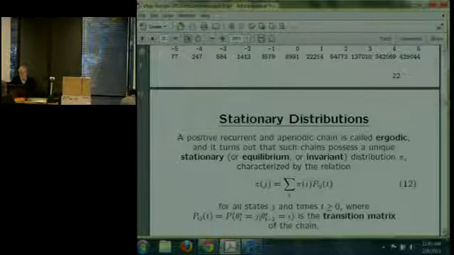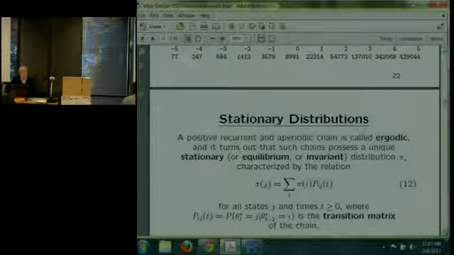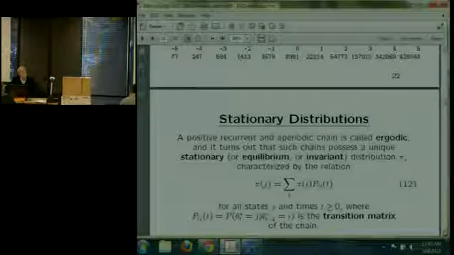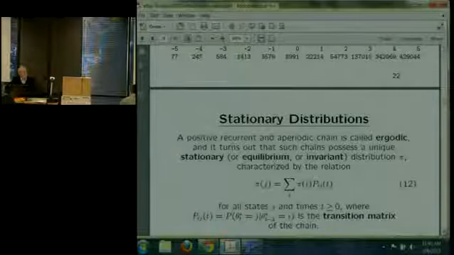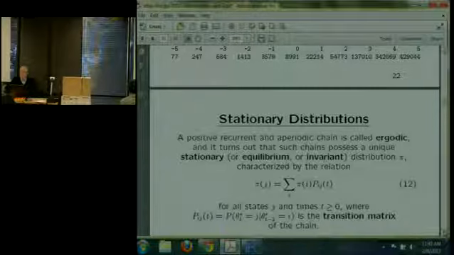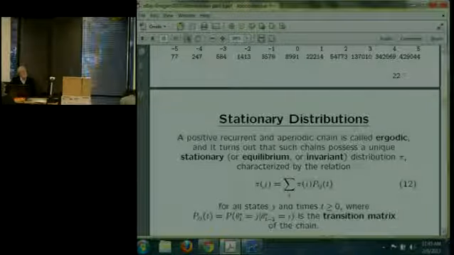If I wrote it in vector and matrix form for you, it would read pi equals pi P. Does that ring any bells in linear algebra? It's an eigenvector. So pi is a left eigenvector of the transition matrix, in other words, the stationary distribution is a left eigenvector of the transition matrix. And you can use that fact to solve for what the stationary distribution is.